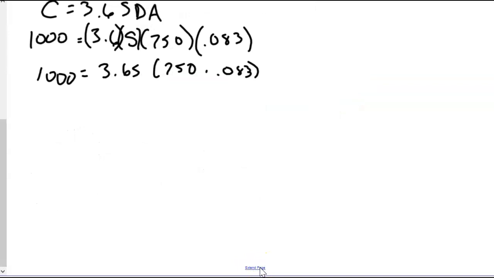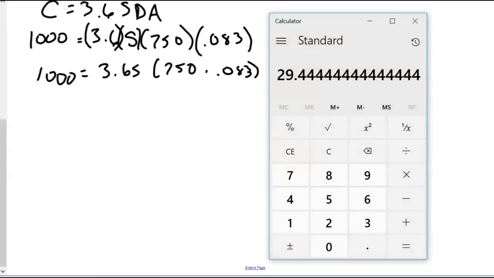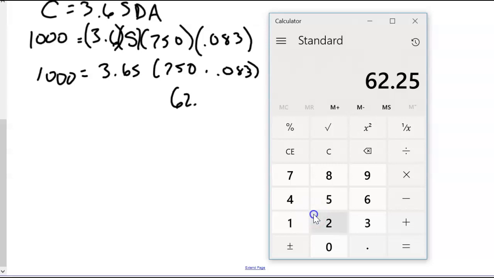So 750 times 0.083 is going to be 62.25. And then we have 3.6 times S.